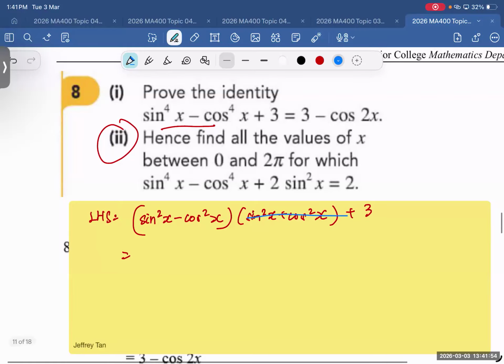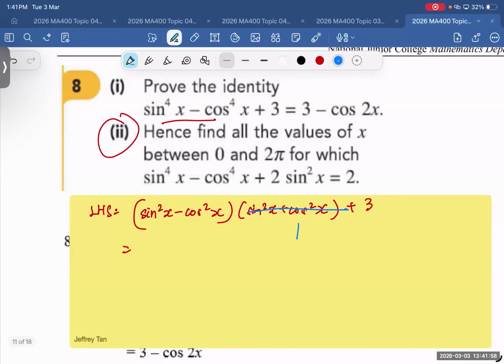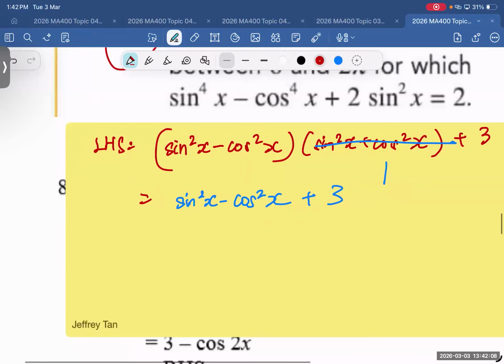So that's why this is equal to 1. Then this is the Pythagorean identity. Okay. So this is sine square minus cos square. Try look. This is minus cos square. You are done.